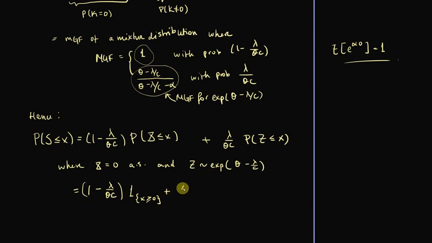And then added to lambda divided by theta c multiplied by 1 minus e to the minus theta minus lambda divided by c x. And that is the distribution function of S.